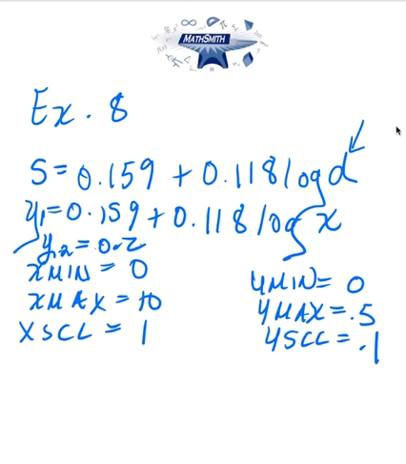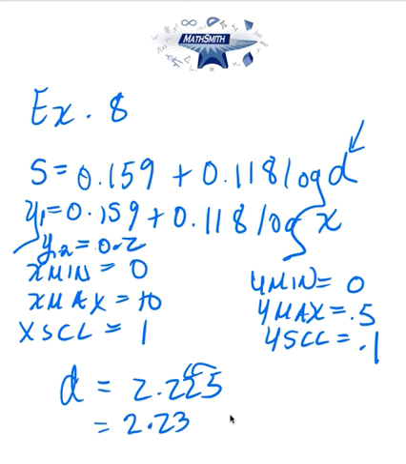After you graph, you're going to hit second, calc, and then hit intersect, curve 1, curve 2, guess, press enter, and you should get D, again I was going to say X, equals 2.225, and I think the book is rounding this up to 2.23 millimeters for that.